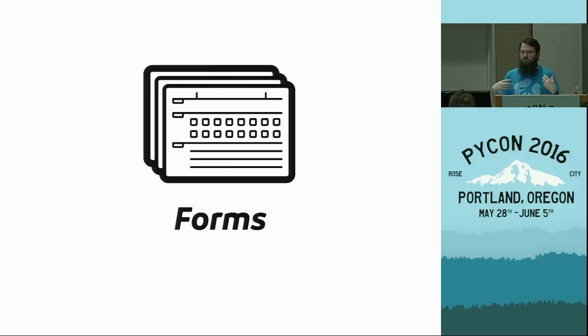So somebody gives you a giant blob of JSON, or you get something from a CSV file, or you've read a text file off of the hard drive. You can send it into a form and make sure that it actually fits the format you want it to have, which is really awesome. You don't have to write your own validators.